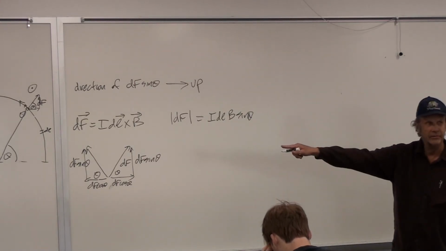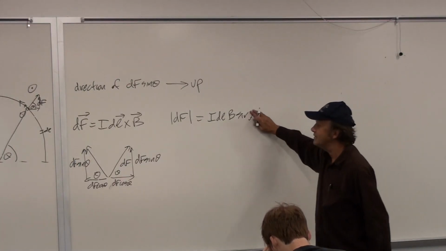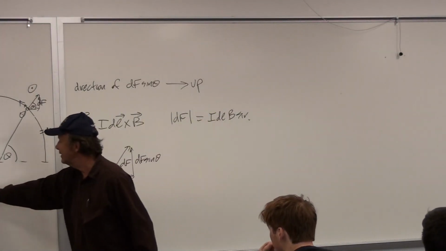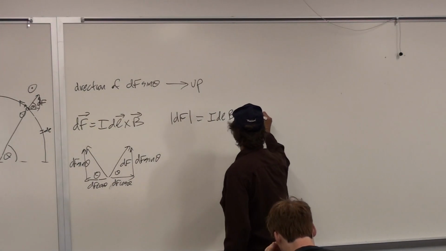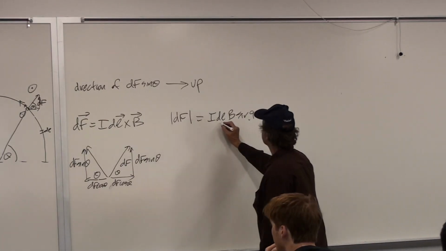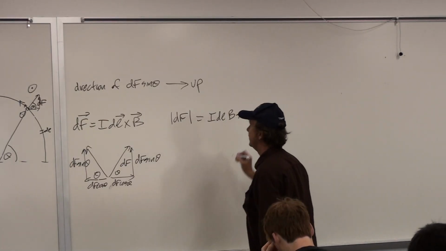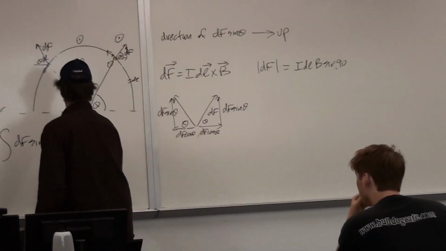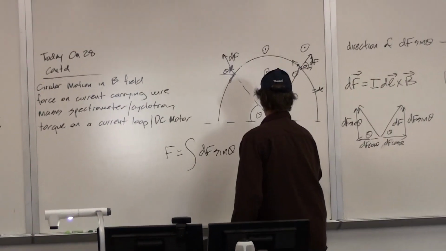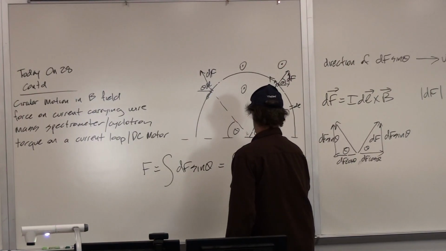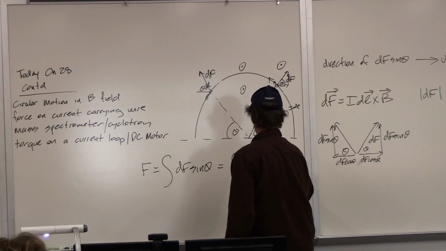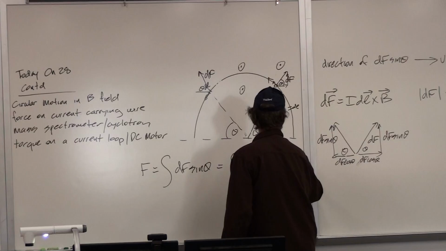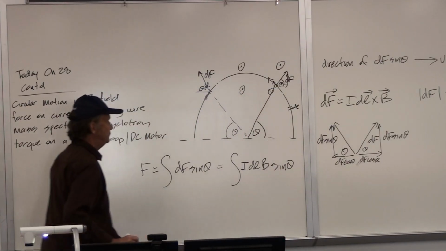Isn't that what we just did over there? 90? This isn't the theta I'm talking about here. This is 90 degrees. So dF is I dL B times 1. So dF sine theta is going to be I dL B times the sine of 90 times the sine of theta.